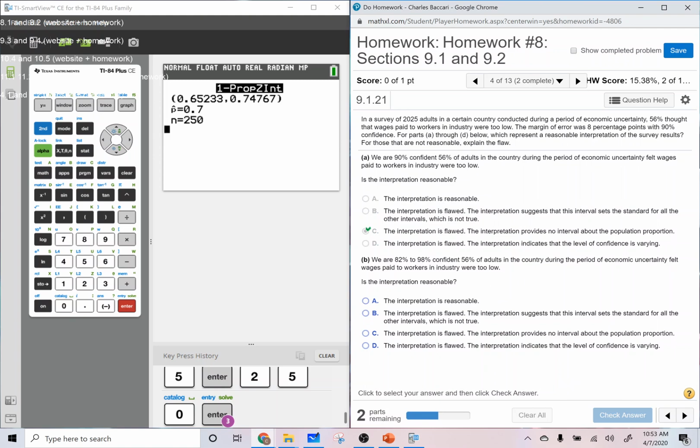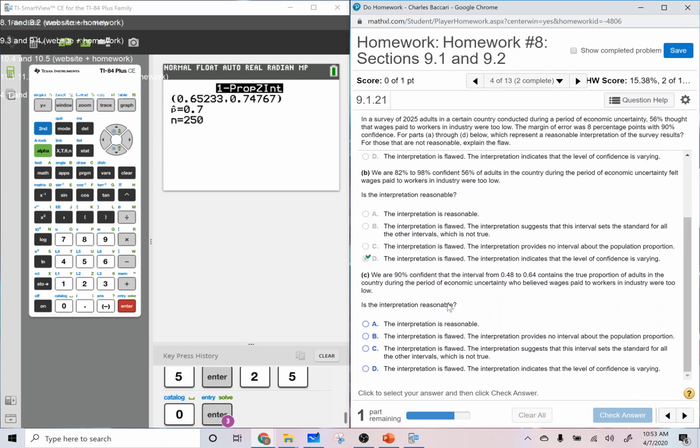Is this reasonable? So they say we are 82% and 98% confident. Well, that's not right. You tell me how confident you are, and then you give me an interval which they fall within. So that indicates the level of confidence is varying. That's not good.